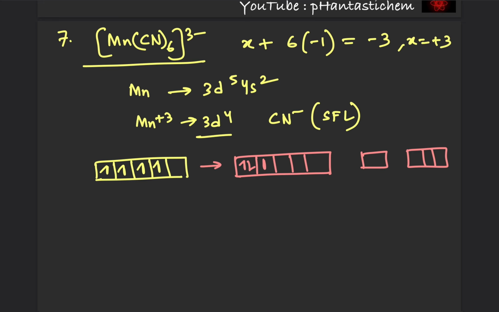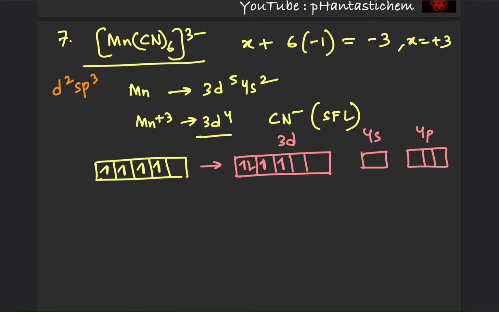We will have this in the 3d, 4s and 4p. One more thing: all 4 of them did not pair up. Only 2 paired up and 2 are still half filled. This is because [Mn(CN)6]3- undergoes d2sp3 hybridization.